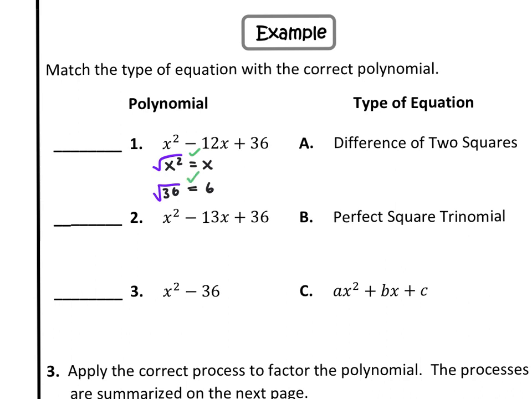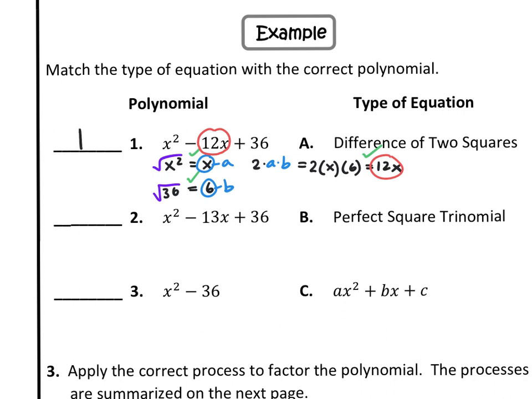Yes, that's 6. And if this is my A and my B, what do I get if I multiply 2 times A times B? That's 2 times x times 6, which gives me 12x. So does the middle term match? Yes. So it looks like I have a perfect square trinomial.